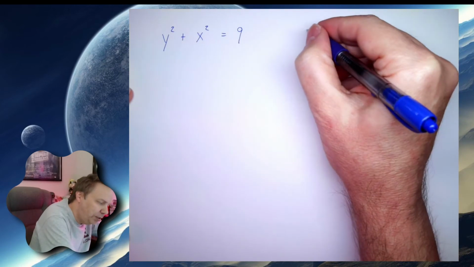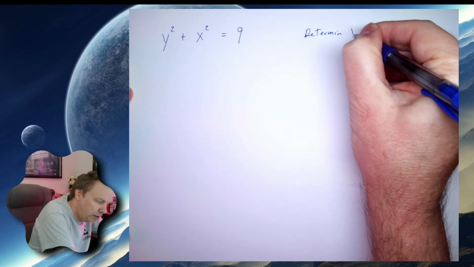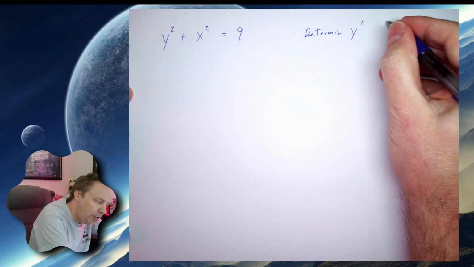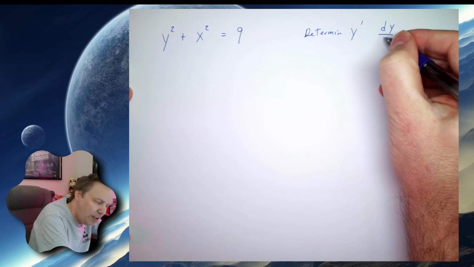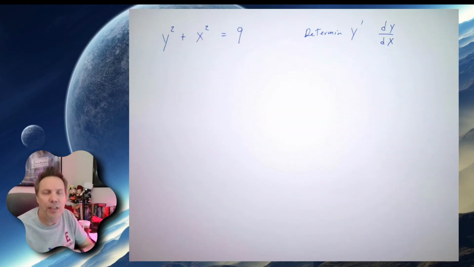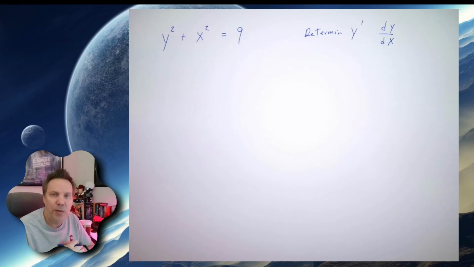My question for you is determine y prime. More specifically, if I want to be very precise about this, I'm going to use the other notation, I should say, of the derivative with respect to x.